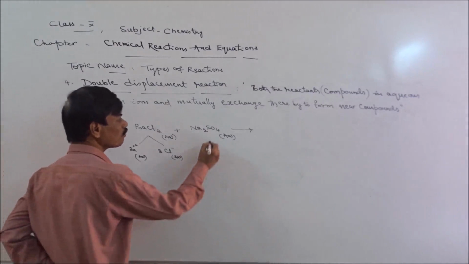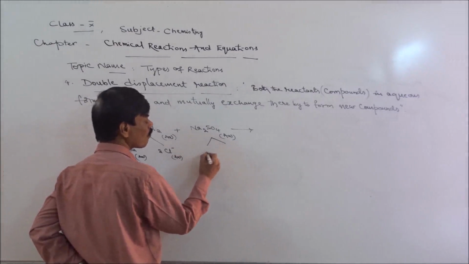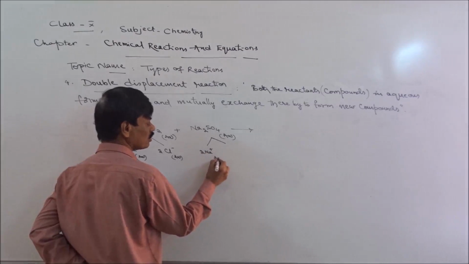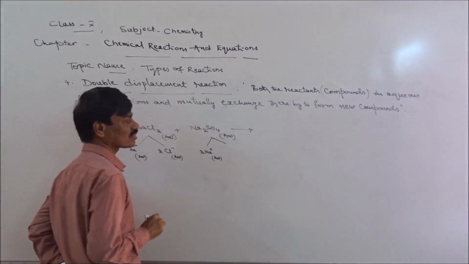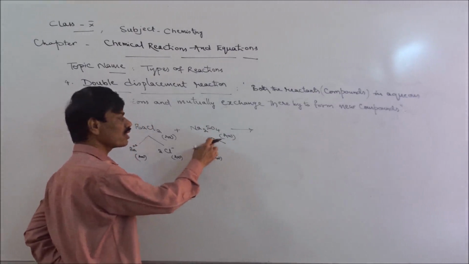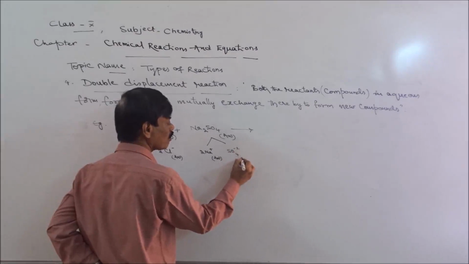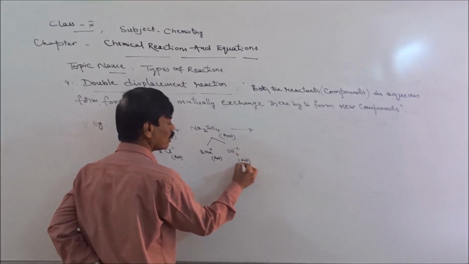So also here sodium sulfate will form sodium positive ions in aqueous form, right? 2 sodium positive ions, and then 1 sulfate anion in aqueous form.